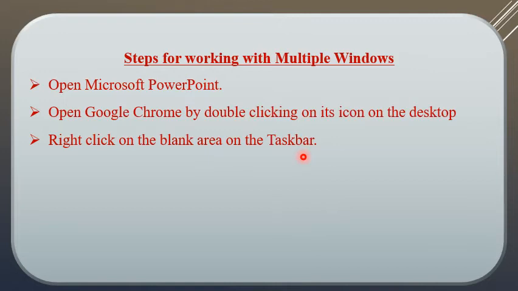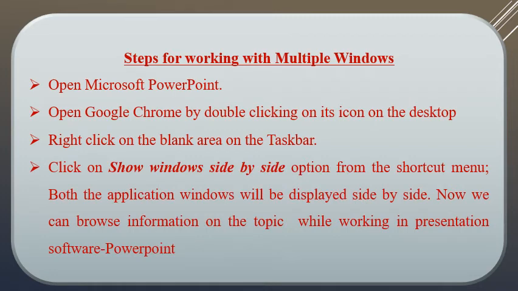What is called taskbar? Yes, you know, the taskbar is the bar that is located at the bottom of the desktop that contains the start button. So you must right click on the blank area on the taskbar. Then after clicking on the blank area of the taskbar, you will get a shortcut menu.